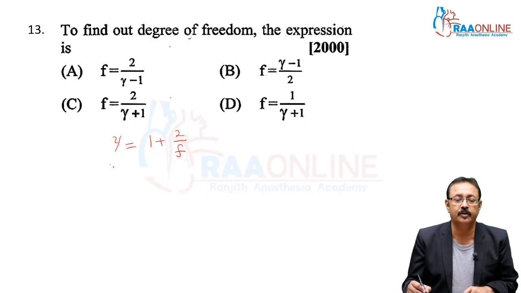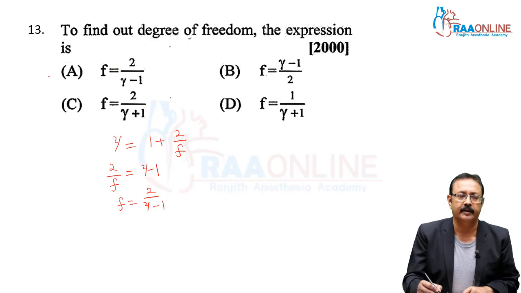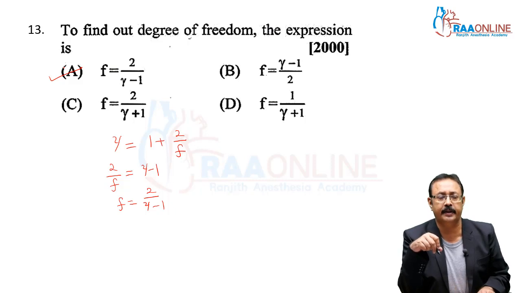So take 2 by f on this side and take this 1 on the other side. So 2 by f means gamma minus 1. So f should be equal to 2 divided by gamma minus 1. So we will go with option A. It was a problem from 2000 AIPMT.